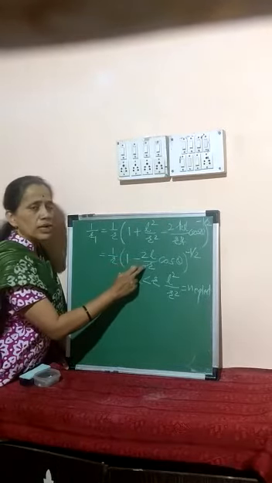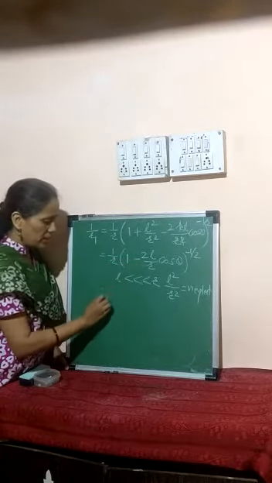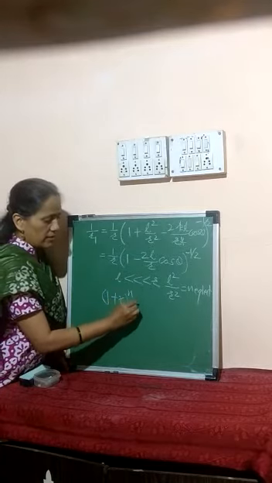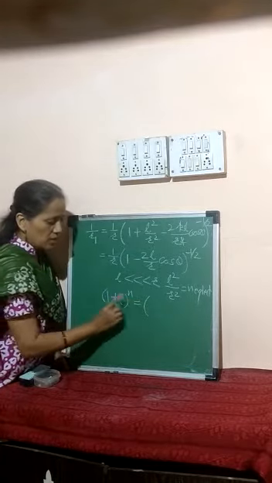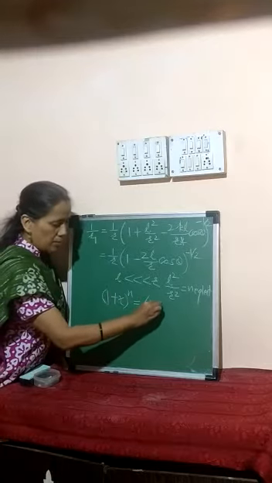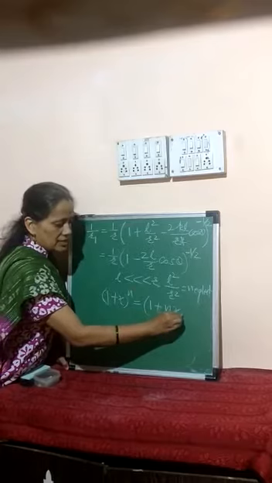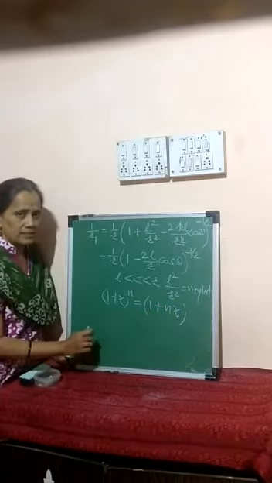Now, here we are using a binomial theorem. That binomial theorem is that 1 plus x raised to n can be written as first term 1 plus second term, which is multiplied by the power, that is nx, and the higher terms are neglected.